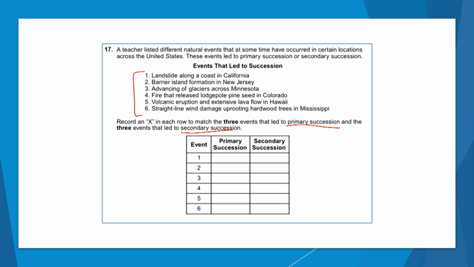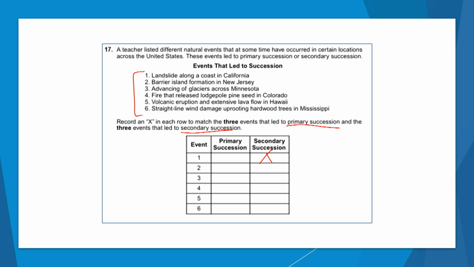Okay, so number 1 says landslide along a coast in California. A landslide along a coast in California, that's really not going to make new land. It's just going to roll down the hill a little bit. So to me, this is really secondary succession. Right? We're not starting from scratch. Okay?